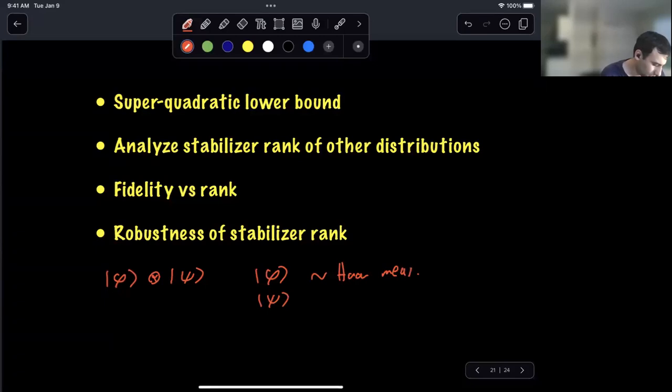Can we prove something about the stabilizer rank of this state? If we can get some tight bound, I believe that we can improve the lower bound on the stabilizer rank.